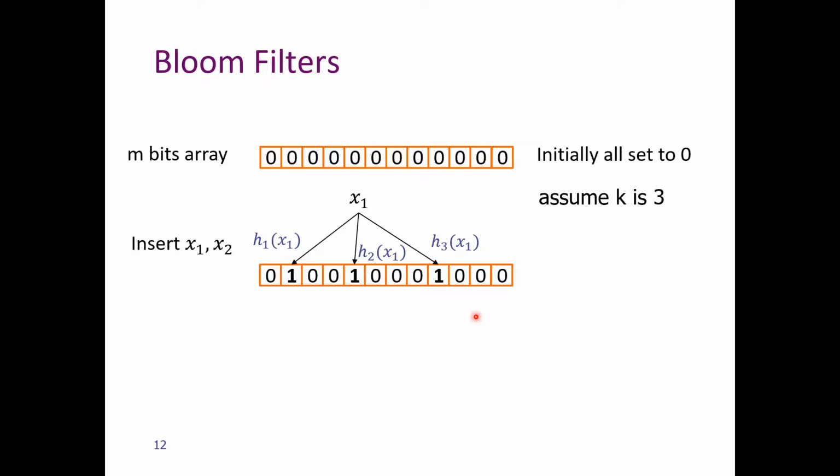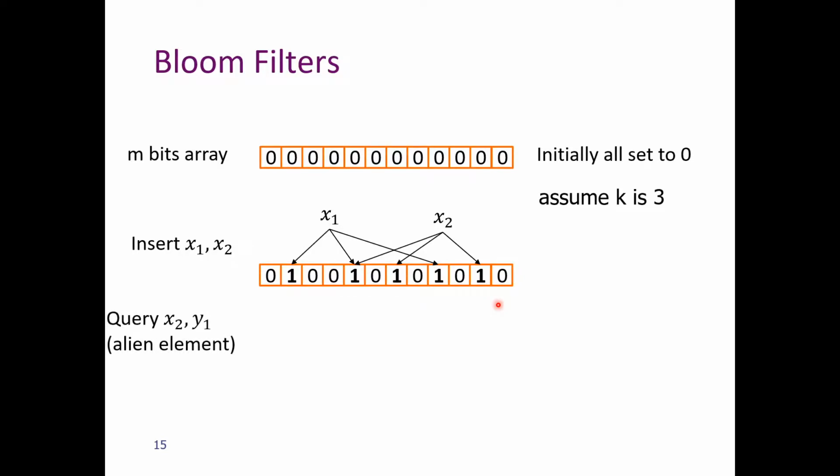Okay? So next, we insert x2. Again, x2 is mapped to 3 random positions. And those positions are set to 1. So if the random position was 1 before inserting x2, it still stays 1. So by inserting x1 and x2, we'll have 5 positions being 1, and the others are 0.